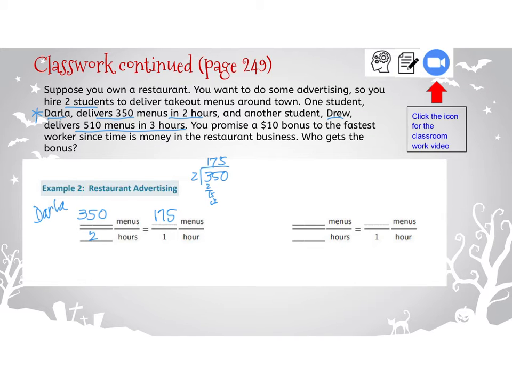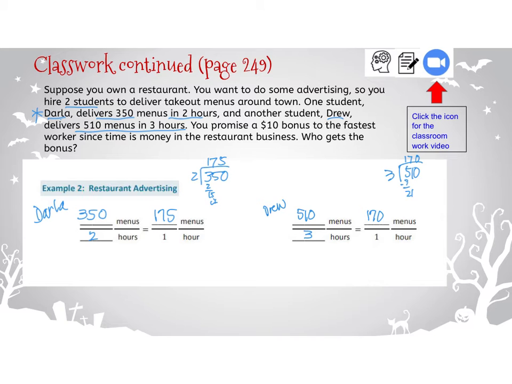Then I'm going to take Drew's data. He was able to deliver 510 in 3 hours. 510 divided by 3 is 170 menus in an hour. So not quite 175. He's a little bit slower.